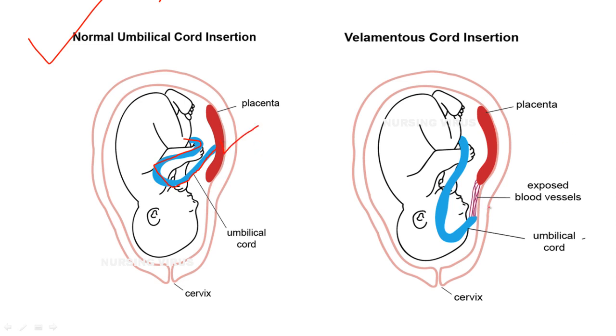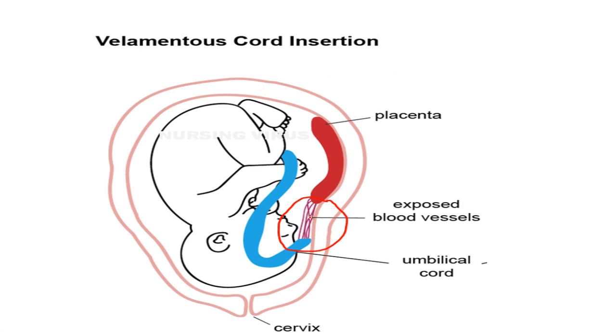Whereas in the given image, you can see something different. Here the fetal umbilical cord is abnormally inserted into the edge of the placenta along with the chorioamniotic membrane. You can see the umbilical cord attached midway in the amniotic and chorionic membrane before connecting to the placenta.